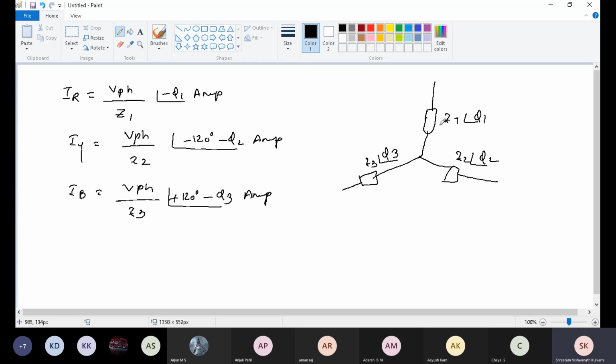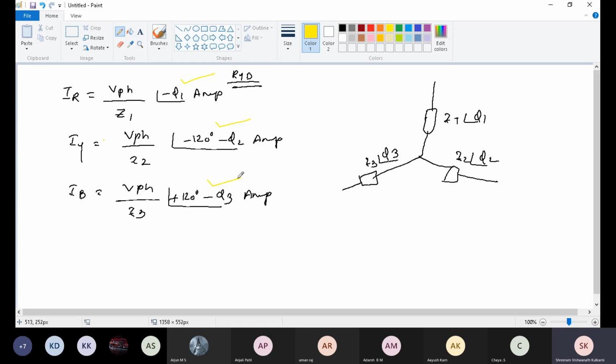Then the current flowing through this phase is V phase divided by Z1 at an angle of minus phi 1. Then RYB is my phase sequence. So IR at minus phi 1, IY at minus 120 minus phi 2, IB at plus 120 minus phi 3.